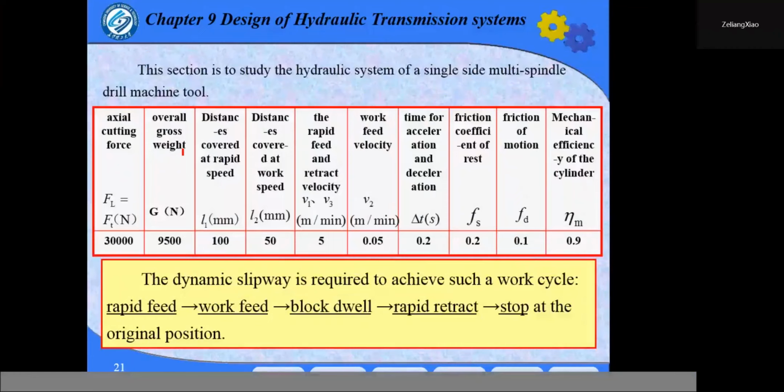This is a typical example of a hydraulic system design. This section is to study the hydraulic system of a single slider, multi-spindle milling machine tool. First, we should focus on this table.